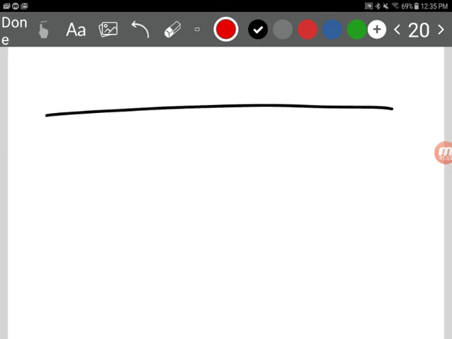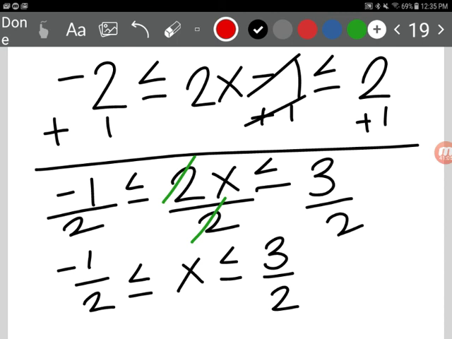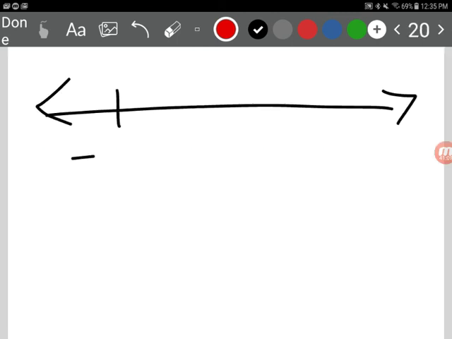Let's graph it. On my number line, I want to include my 2 parts, which is negative 1/2. I don't want to see that 0 this time, but you can if you want to. And then 3 over 2.